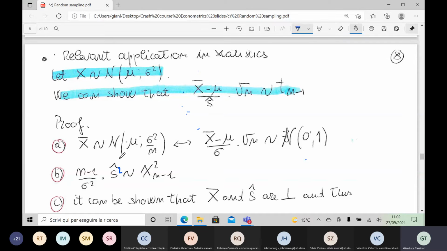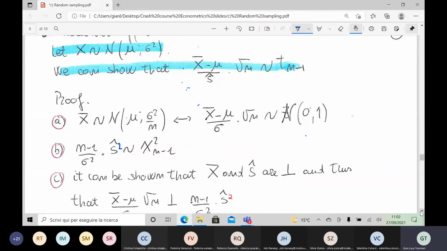We proved both results this morning. Then, before the break, I provided another result without proof: under this assumption, (n-1) over sigma square times the unbiased sample variance, s hat square, follows a chi-square with n-1 degrees of freedom.